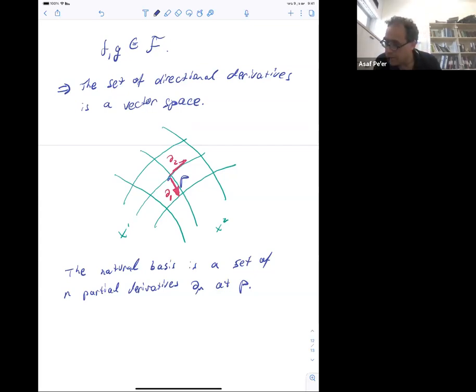Now, the argument, of course, is that the set of all these partial derivative operators, ∂_μ, forms a basis for the tangent space T_p. I'm sorry that I'm taking a few minutes off, I just need to finish this argument.